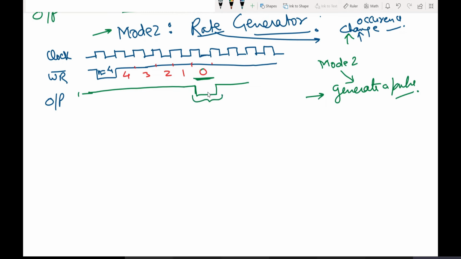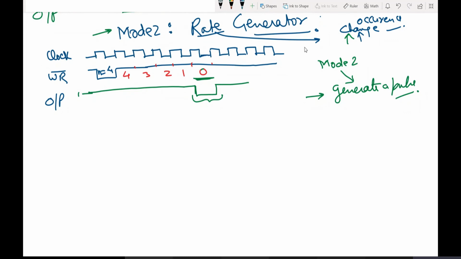This is a pulse. A pulse needs a proper change: high, low, low, high. That proper sequence of change defines a pulse. So this is a single pulse of low. That is what we call rate.